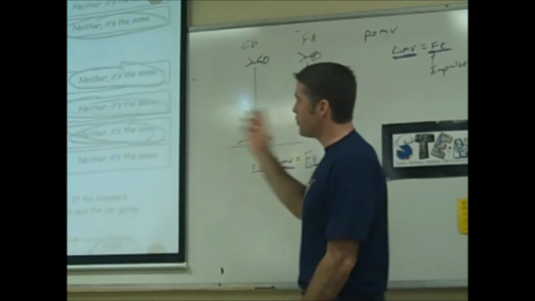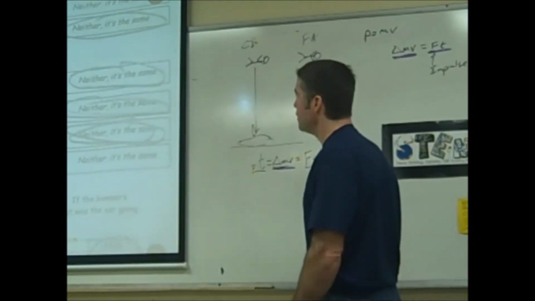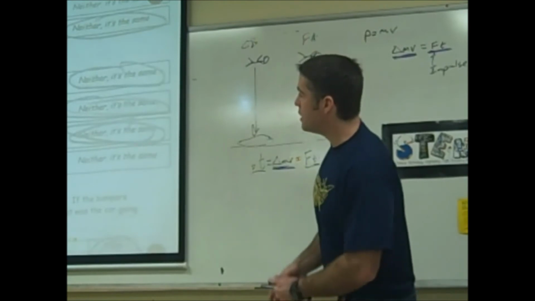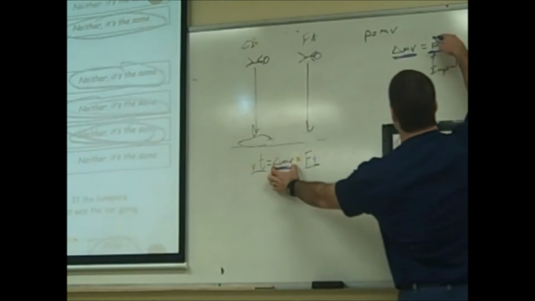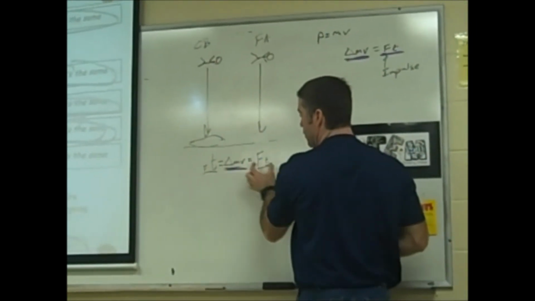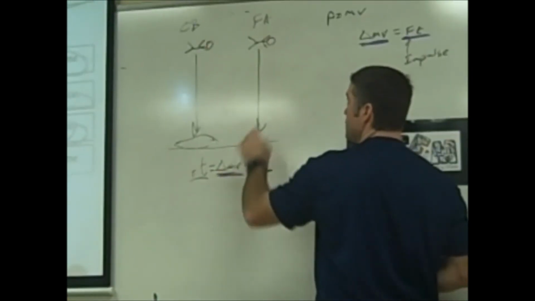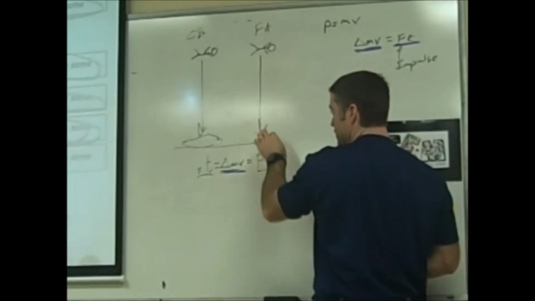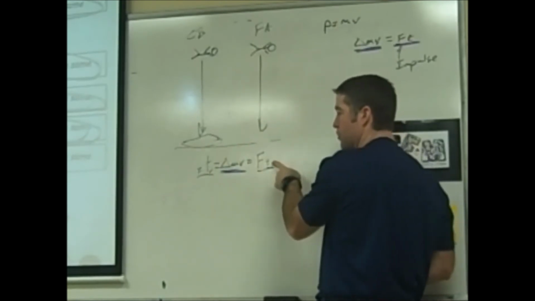So the reason that would have been a good question is it would have led you into the next question, which is, who feels the greatest impact force? If change in momentum really does equal impulse, then they're achieving that change in momentum in two different ways. Flat Ace is hitting and suddenly stopping, so the stop time, the impact time, is really short.